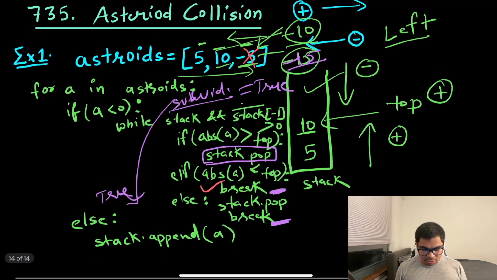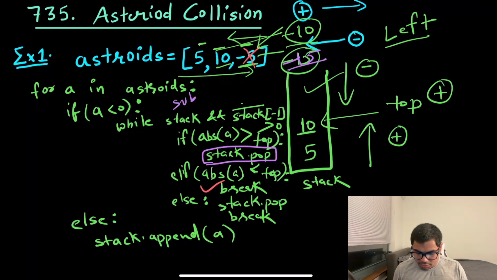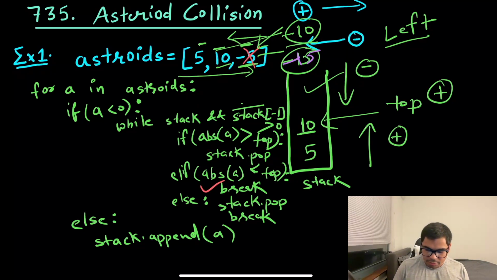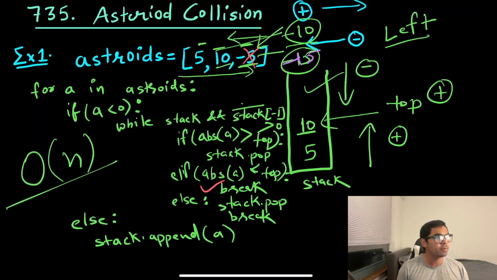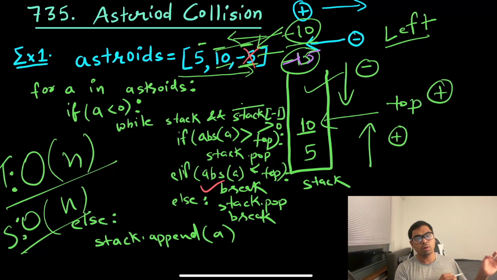All right, so I think things are pretty clear right now. We're going to implement this pseudocode, and this will work. It will be big O of n time complexity and big O of n space complexity, since there might be a case where they are all going in one direction.